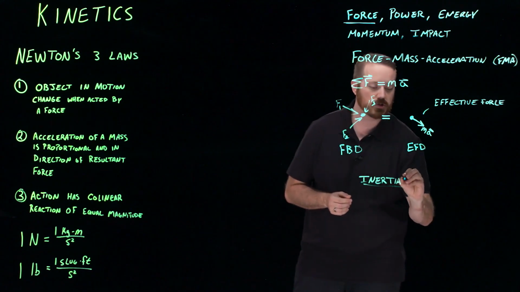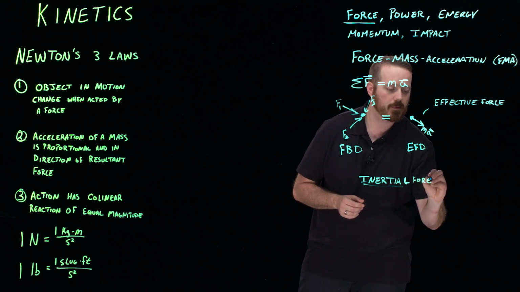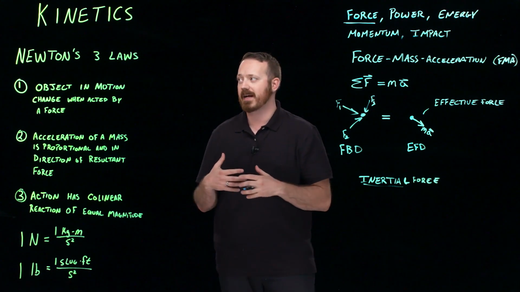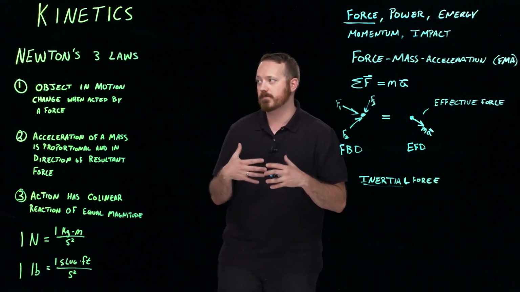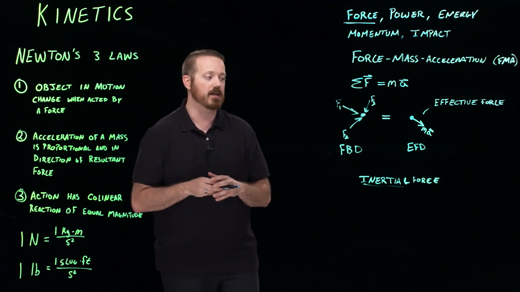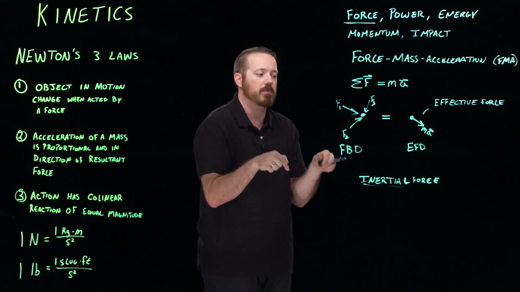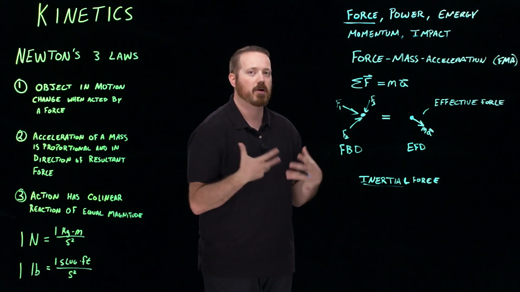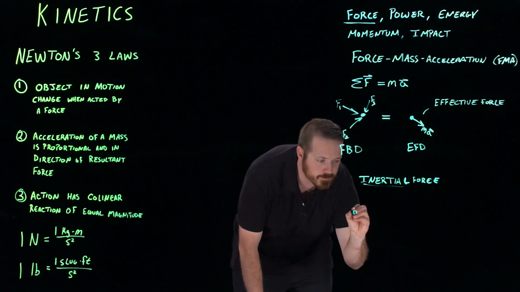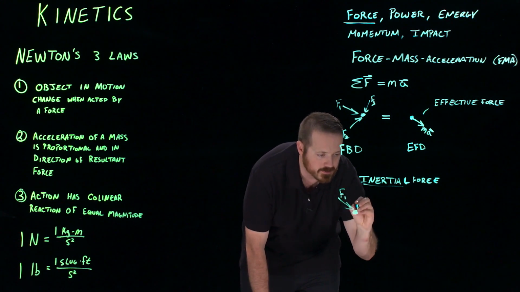So if we have an inertial force, an inertial force is a force that acts, that is part of the body, and it is internal to the body itself. It is not actually a force that's acting on the body, but it's rather the body's, a particle's internal reaction to forces acting on it. So if we had a particle and we had a bunch of forces acting on it again, I'll just do 2 this time.